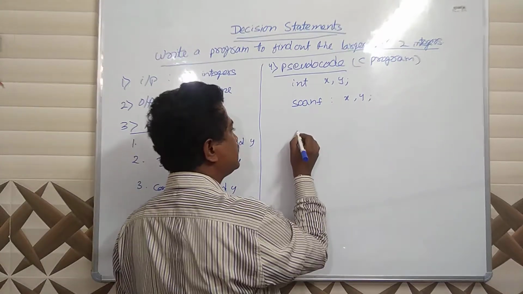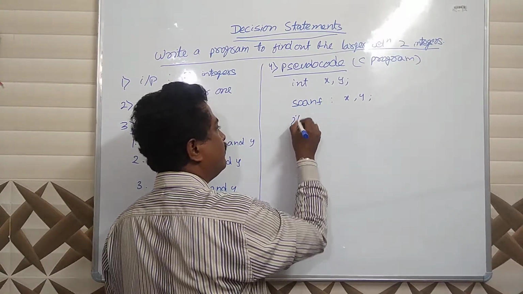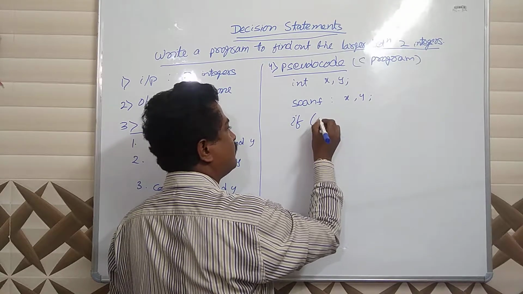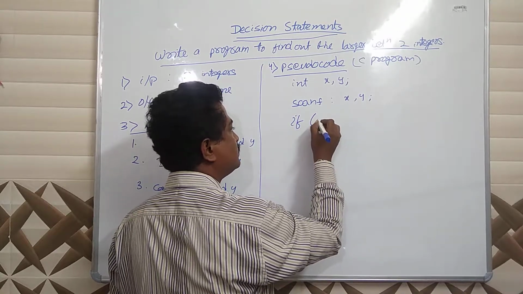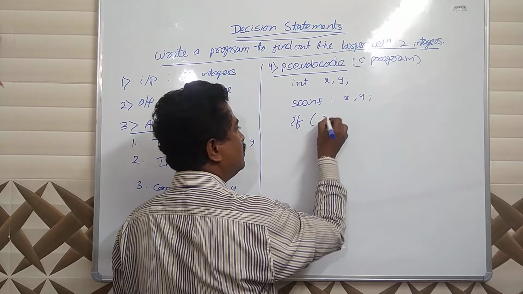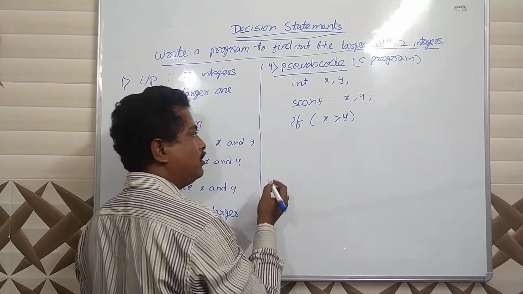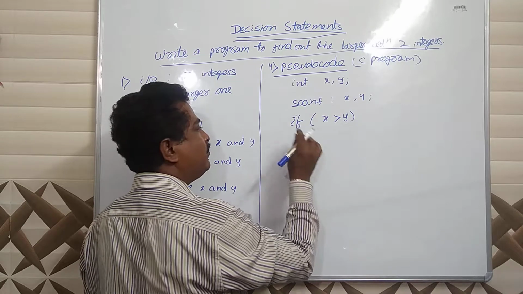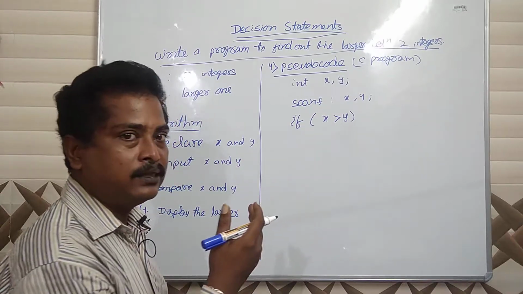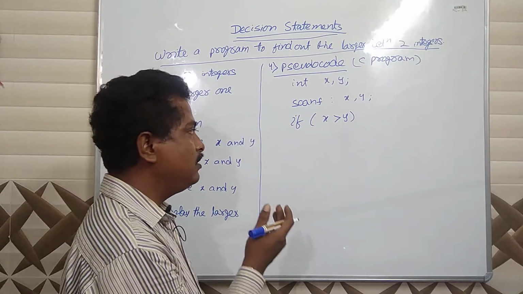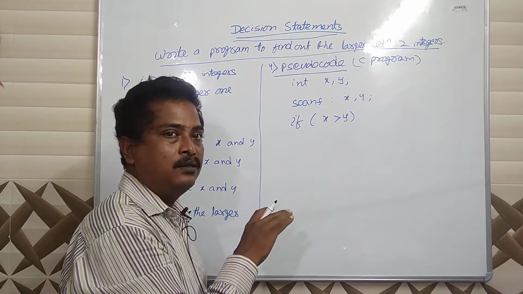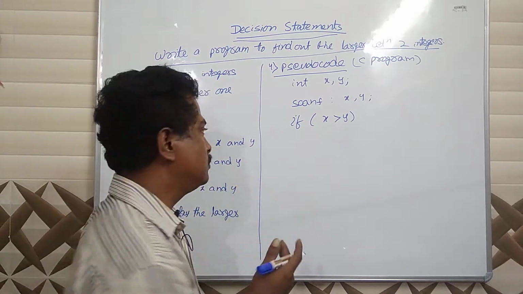To compare x and y, we have the if statement. The syntax in C language is this one: if condition. If x is greater than y, what will happen? Another two conditions are there: if x is greater than y, if x is less than y, if x is equal to y.